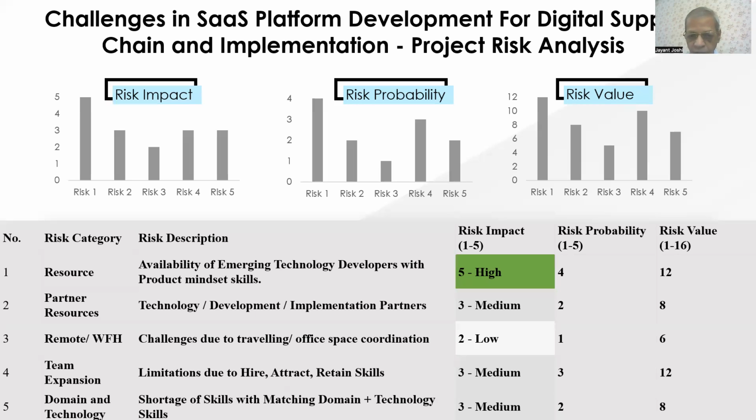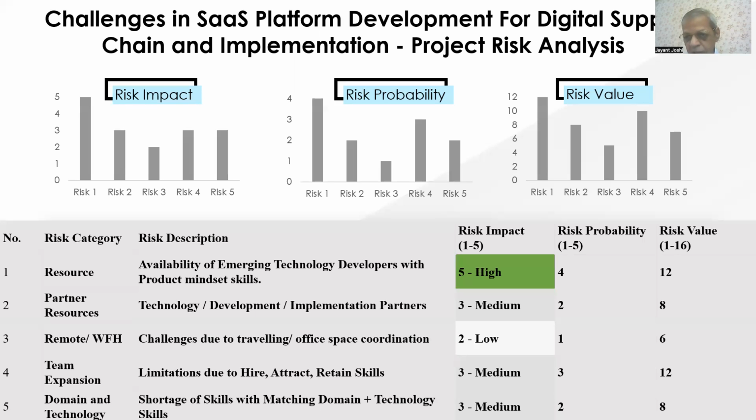Why do we say product? Because a product really helps any customer to start using it immediately. They don't have to start thinking, designing, developing, testing and all. The entire process is something somebody has taken into consideration and has come up with a product. So the risk impact of these resources is very high, and that's why I named it number one.